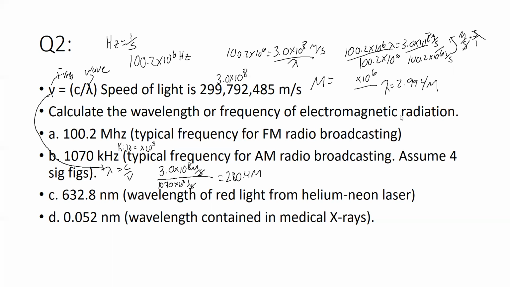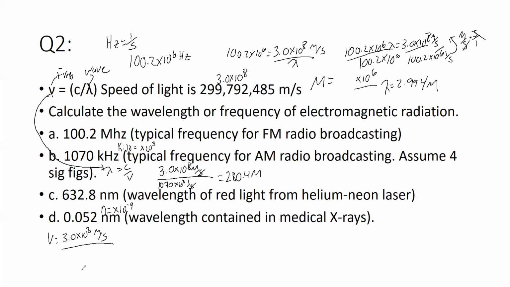C, I give you a wavelength. So we're solving for frequency. So we can just use the equation as written. Frequency equals speed of light, so 3.0 times 10 to the 8 meters per second, divided by 632.8 nanometers. Here, nano equals times 10 to the minus 9th.